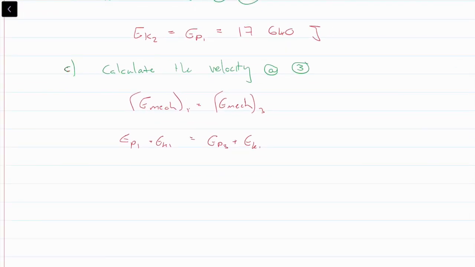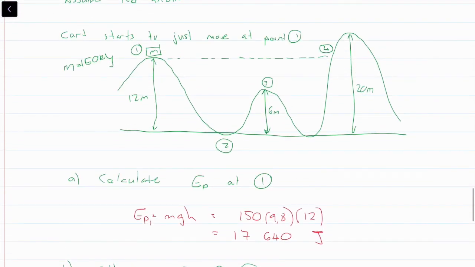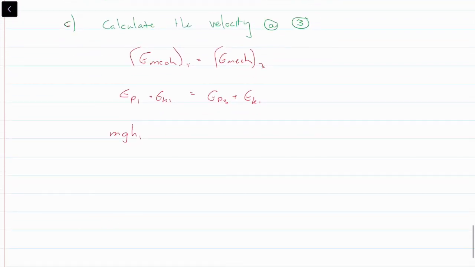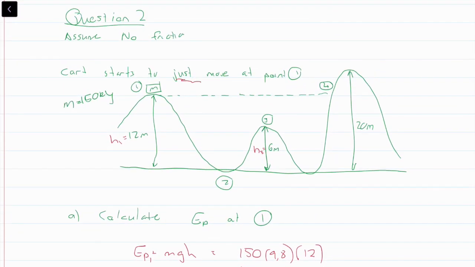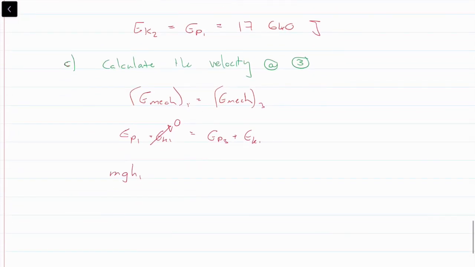EP1 is equal to mgh1, where this is h1 and this is h3. EK1 is equal to 0, because at the top it just starts to move, so the velocity at the top is equal to 0. That is equal to EP3, so mgh3, plus EK3, which is a half times the mass times the velocity at 3 squared.